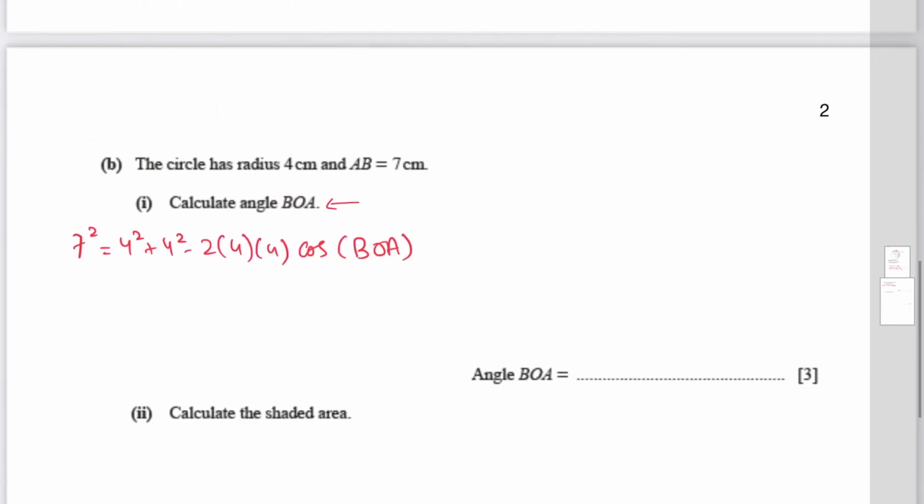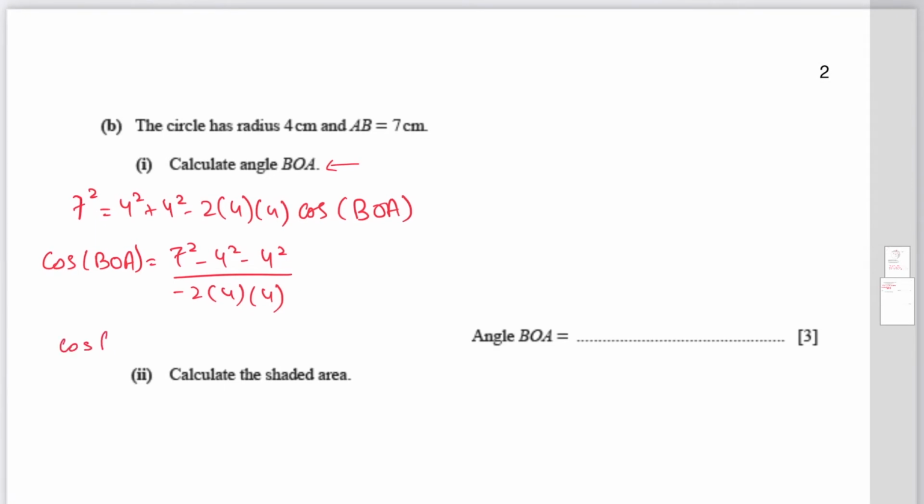So let's write it over here. Cos of angle BOA is supposed to be 7 squared minus 4 squared minus 4 squared, divided by negative 2 times 4 times 4.